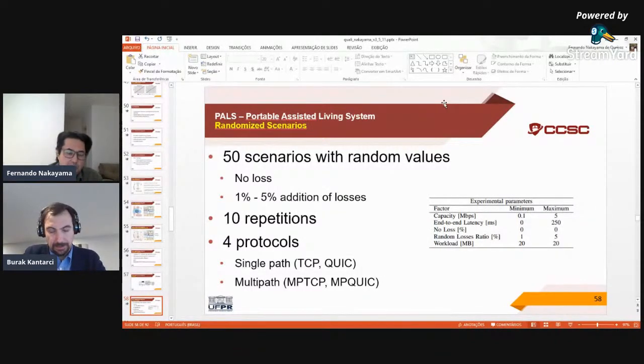So let's assume I'm capturing some form of biosignal, and I will continuously transfer that through the communication channels. So I'll have a continuous workload instead of a static workload. So we employed a workload of 20 megabytes just in order to finish.